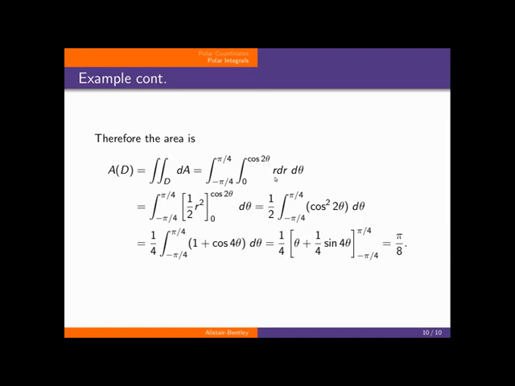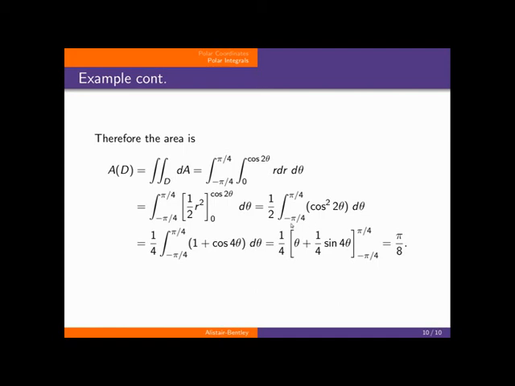Now remember that wherever we put the dr in the polar coordinate integral, we have to introduce the scaling of r. So when we integrate the first part of the integral, which is with respect to r, the integral of r is going to be 1/2 r squared. And those bounds of integration are going to go from cosine 2 theta to 0.